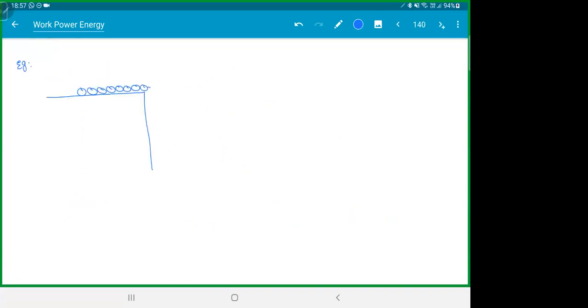The question will be like this. They will say the chain's mass is m and length L. This length is L by 3. How much work do you require to put this hanging chain back on the table? Meaning you want to make it like this. You want to put that hanging chain back on the table.